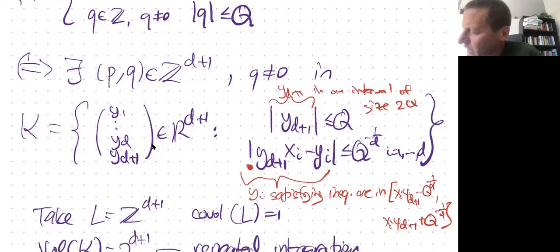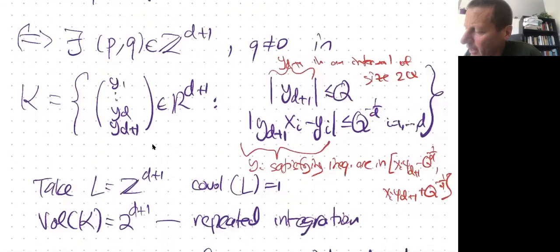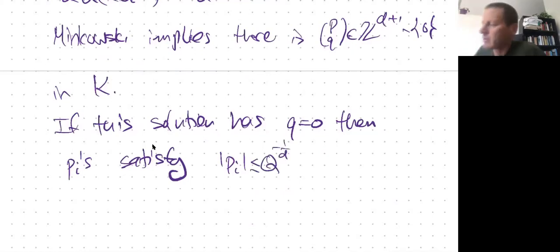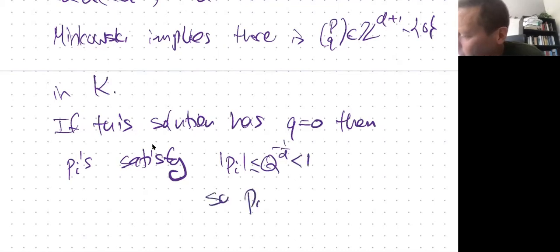This is 0, so that means that the p_i are less than q to the minus 1 over d, which is less than 1. So p_i is equal to 0.